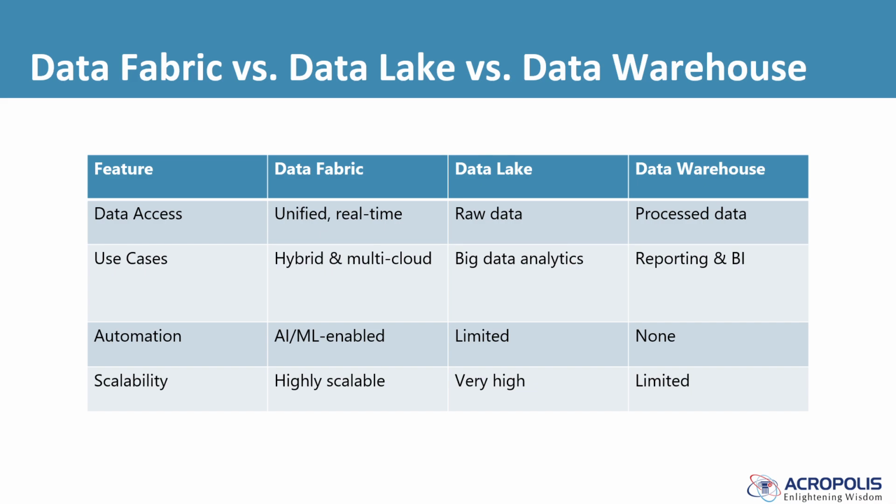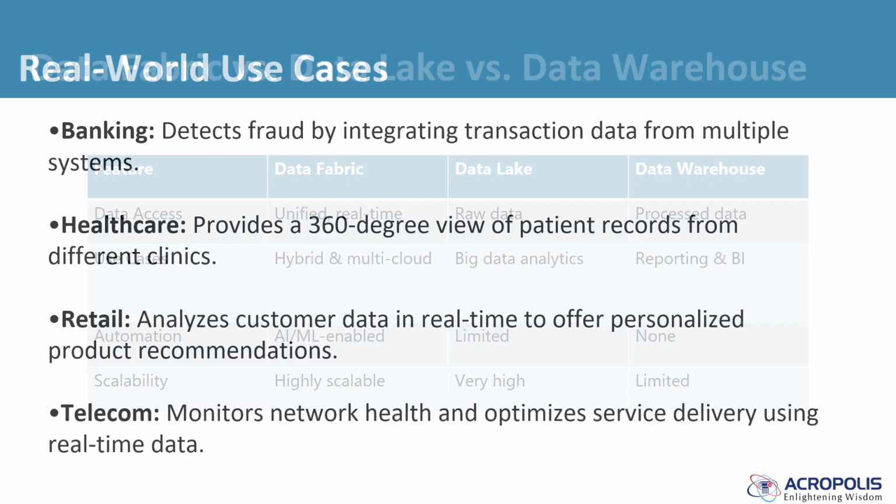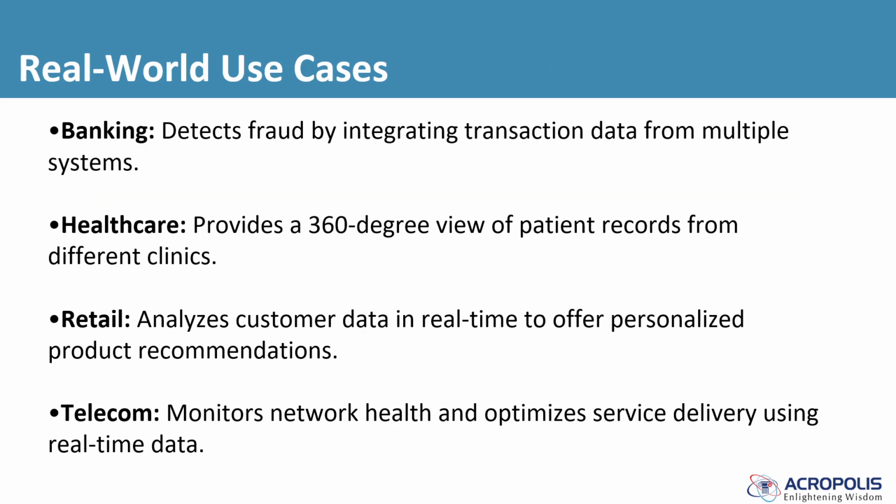For data fabric, the scalability is very high. It's highly scalable. Data lake on the other hand is also highly scalable because it stores raw data and it's all dumped into it at once, while data warehouse has limited scalability. Real world use cases.